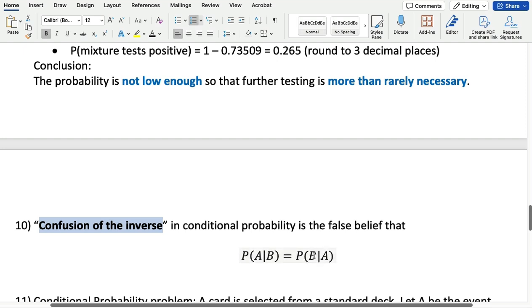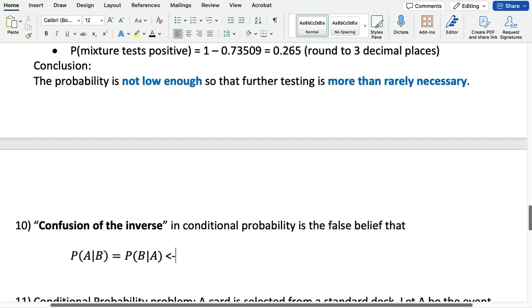In other words, the order doesn't matter, these two probabilities are the same. But this statement is generally false. So I'm just going to put a note here: not in fact generally true.